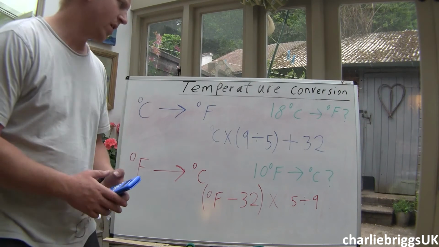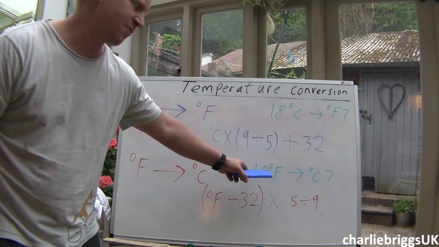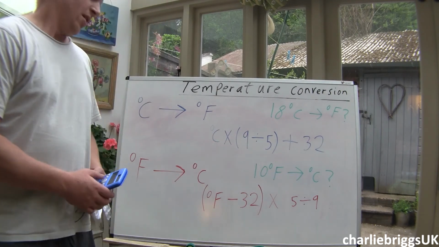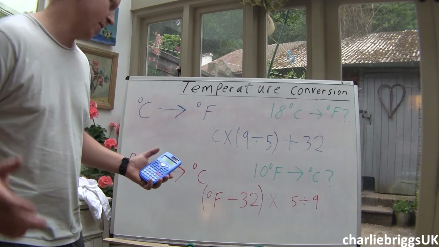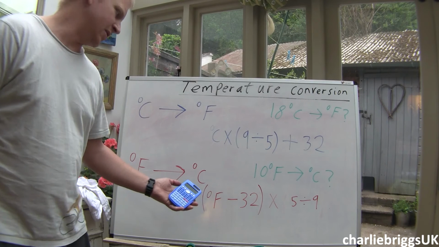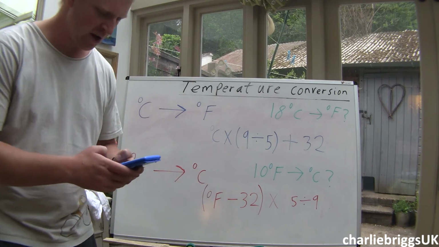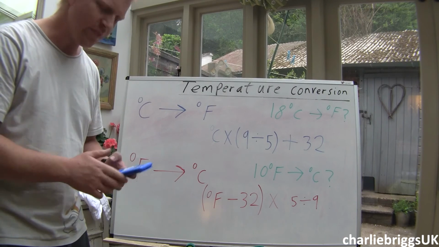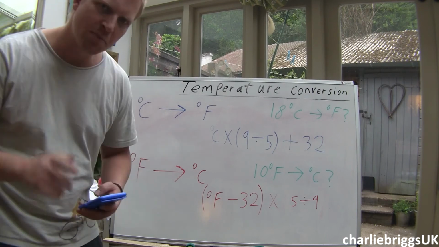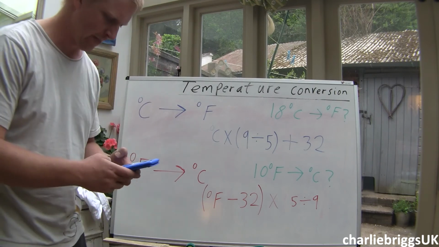Alright. Okay, next example. What is 10 degrees Fahrenheit in degrees Celsius? Work it out. So, first of all, it is 10 degrees Fahrenheit minus 32. So that's negative 22, multiplied by 5 divided by 9.